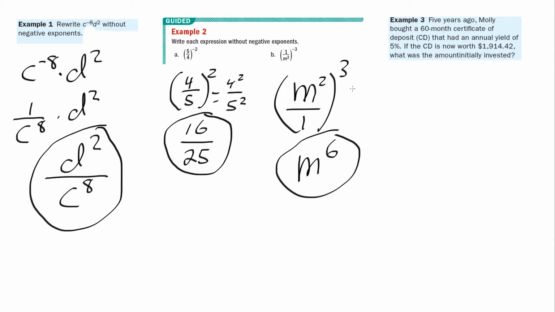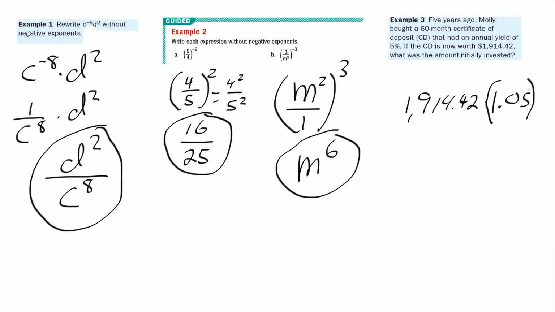We know that the principal, well, we had 1,914.42, and we want to know what it was in the beginning of time, and this is times 1.05. 1 is because we want to multiply it times the amount that was there in the first place, and 5% is our rate of return.